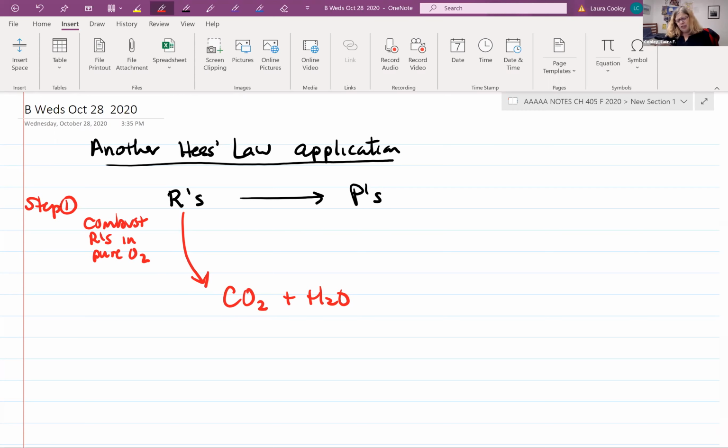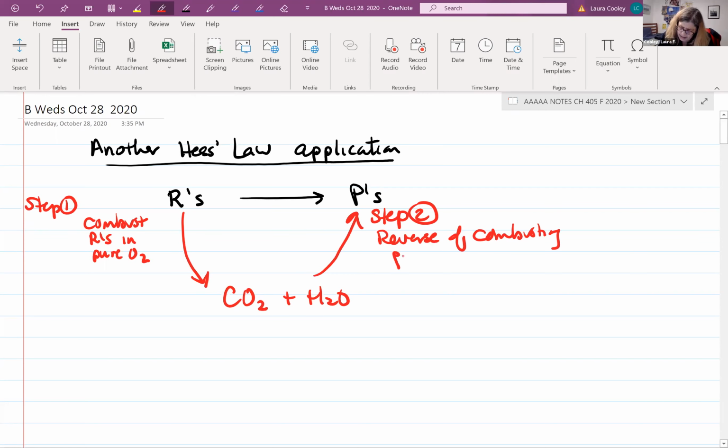Oh yeah, I need to know what the delta H of this reaction is. Let me just burn up these reactants and figure out what the delta H of combustion is. No, that's not what we do, right? But you could do it this way. Step 2 would be the reverse of combusting the products in pure oxygen.